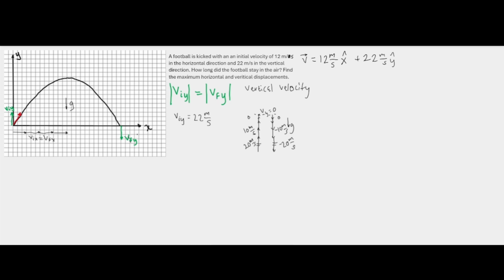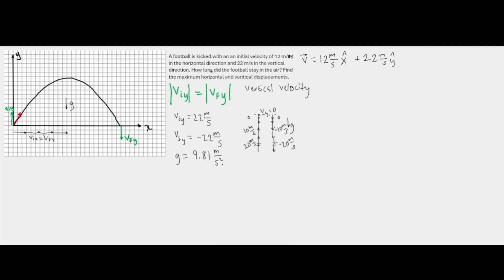And I know that the final in the Y direction has to be negative, so my V final in the Y direction is equal to negative 22 meters per second. And what is my value for acceleration due to gravity? This is something we're going to use over and over again. Eventually you'll have it memorized because we use it so much, but it's 9.81 meters per second squared.